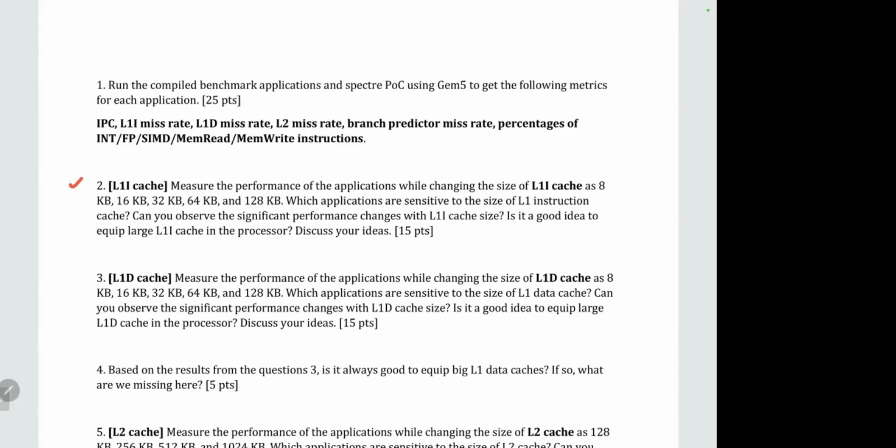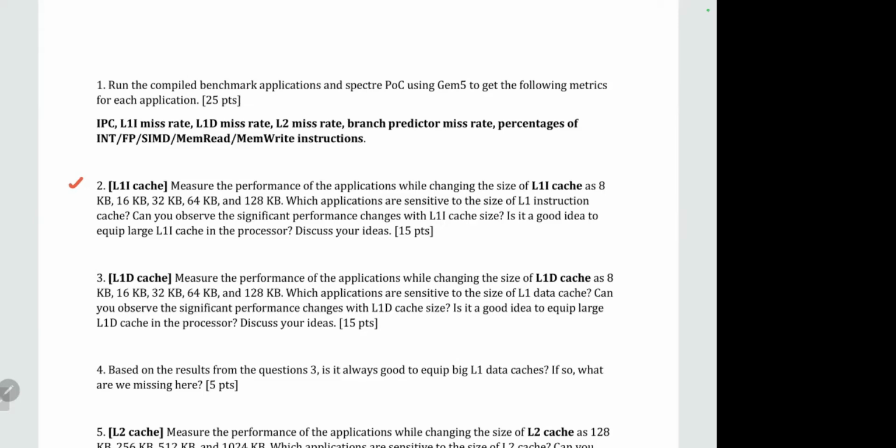For example, if we want to check the cache sensitivity of the workload, we can change the cache size, like 8 kilobytes, 16 kilobytes, 32 kilobytes, and so on. By changing the size of the cache, we can measure the changes in performance, like the IPC, or we can measure the CPI.